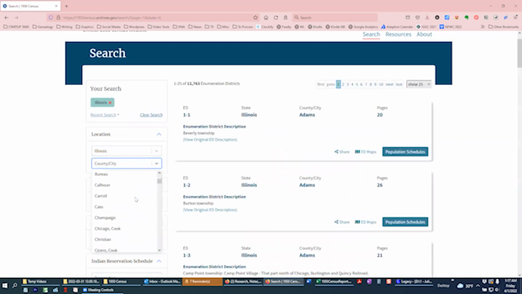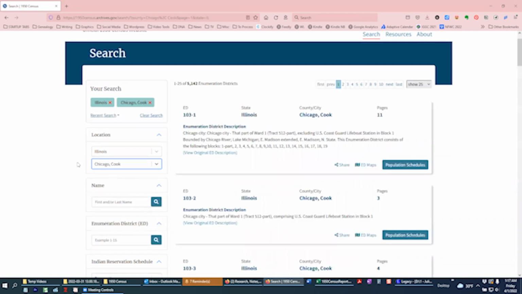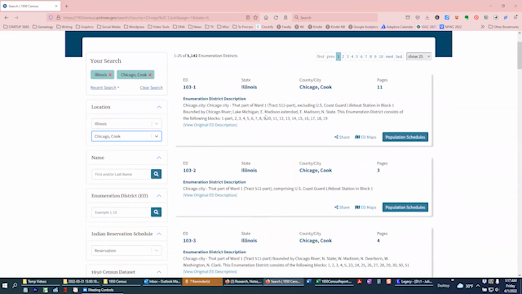I picked the city of Chicago. And you'll notice over here, it starts changing things. So it's giving me a listing of all the enumeration districts, starting with 103.1, 2, 3, etc. And it tells you the state, the county, the city, and the number of pages that are in this enumeration district. It also gives the description.